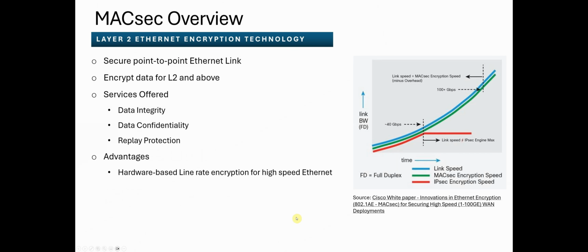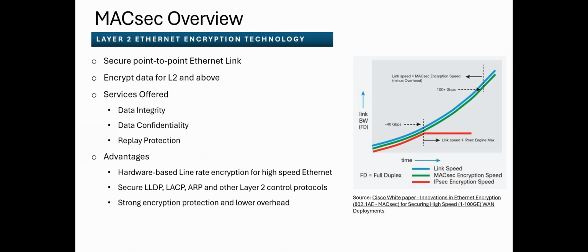So if a man-in-the-middle attack happens, you know what the packet number should be. The advantages are that it's hardware-based line rate encryption for high-speed Ethernet. It's at the lower level, and you can go up. You can encrypt everything from layer 2 and up just using MACsec encryption. So all the protocols, the layer 2 protocols, are also encrypted, with strong encryption protection and lower overhead.